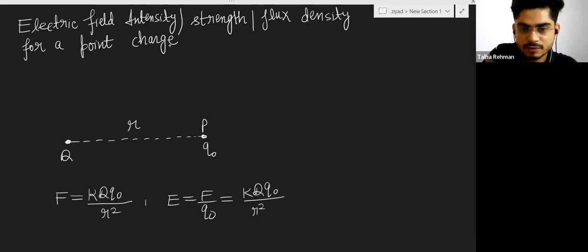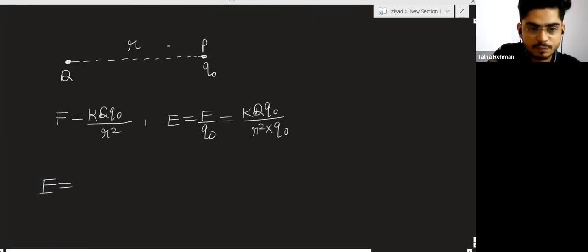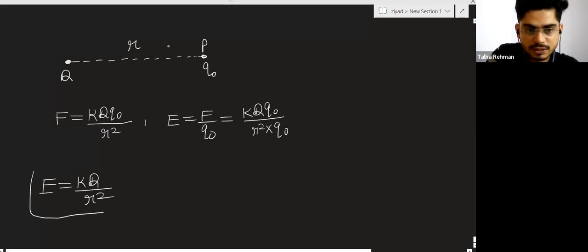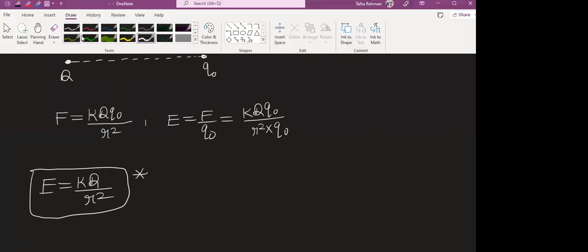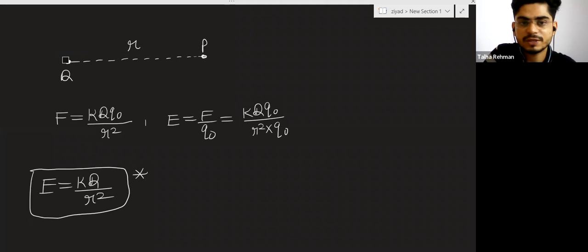The q naught will get cancelled out. Then you will get the electric field intensity at a point at distance r as KQ divided by r square. This is the formula I have already discussed. Remember this formula: the electric field at a distance r due to a point charge Q is KQ divided by r square.